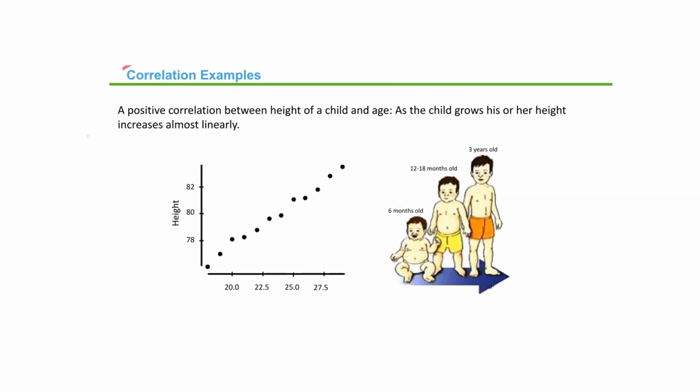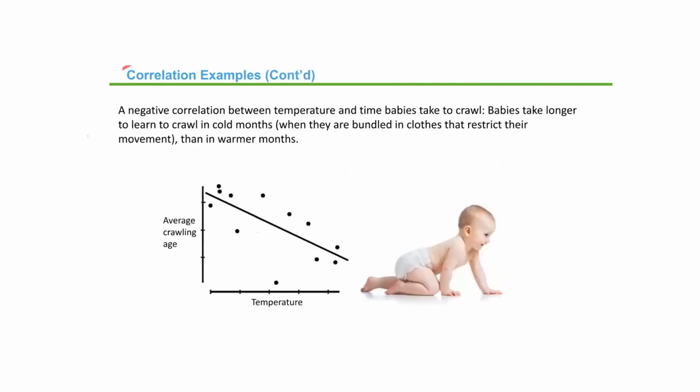As the age of the babies increases, the height is increasing. In a simple way, if we go back to school, we can say the height and the age are directly proportional to each other. As one is increasing, the other one is increasing. That is referred to as a correlation, more precisely a positive correlation.